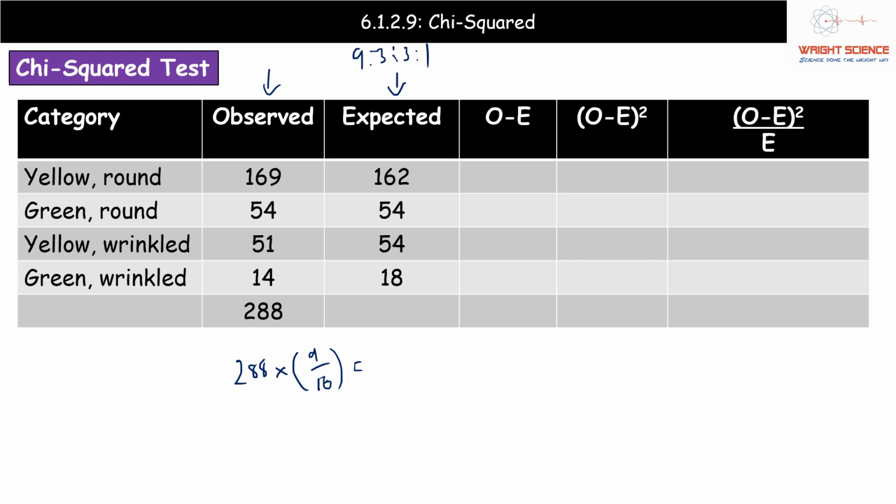What we're then going to do is work out these next 3 columns together. Typically on these chi-squared questions, you get at least an outline of a table, if not part of it already filled in for you. Now, if it's just an outline of a table, then clearly you need to remember the sequence of headings that we're going to place in there to allow you to calculate it.